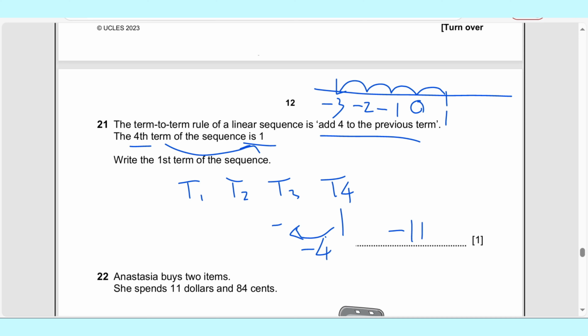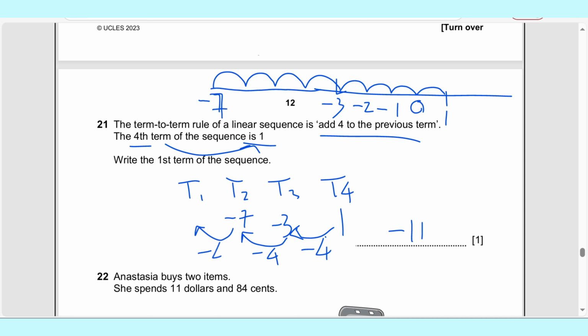Then again we move backward, we minus 4 from minus 3: 1, 2, 3, 4, and we reach minus 7. Then from minus 7 we move again 4 units to the left, 1, 2, 3, 4, and what we get is minus 11. Alright, that is how we got this answer, minus 11.